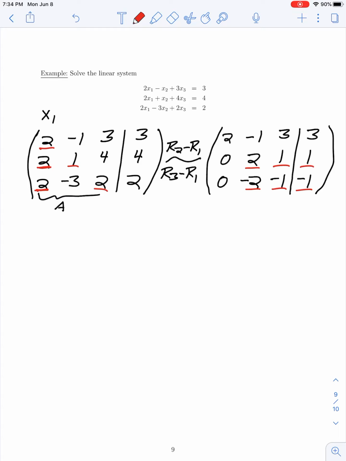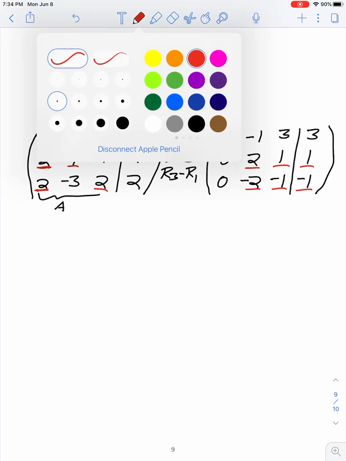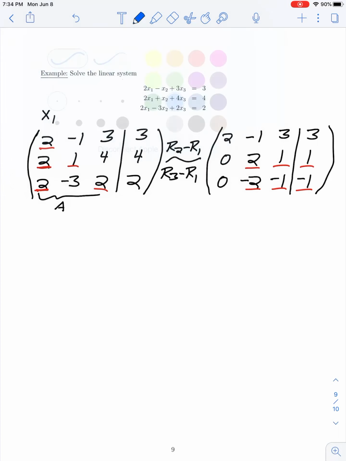So one way that I could try to simplify in my second column is to try to eliminate this -2. Let's see if we can make this into a 0. Now an easy way to do it here is to use the row directly above it. If I add row 2 to row 3, then I get the 0 in that spot that I'm looking for.